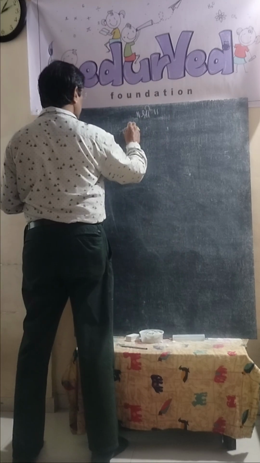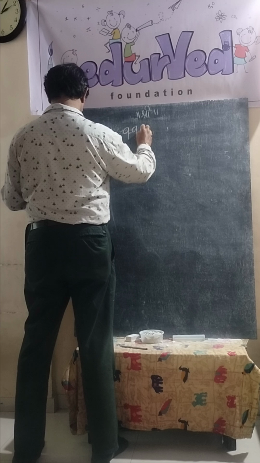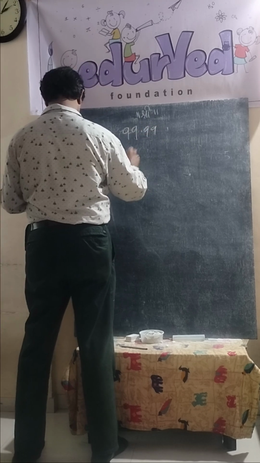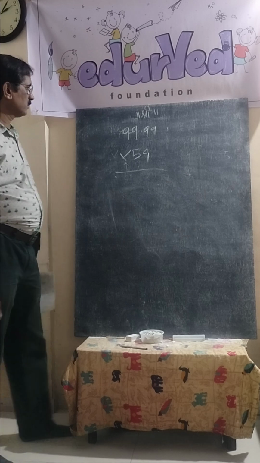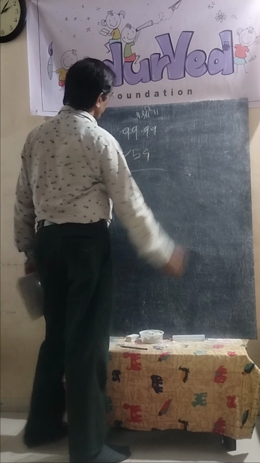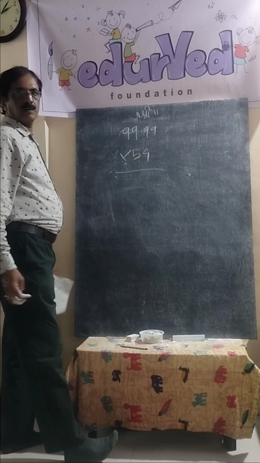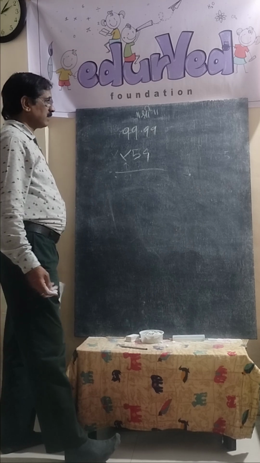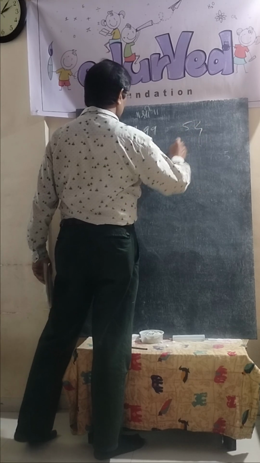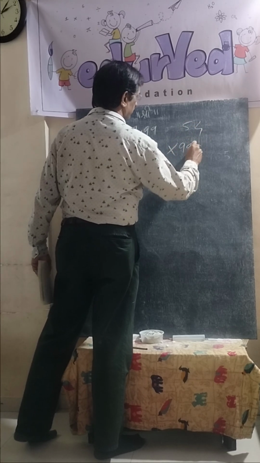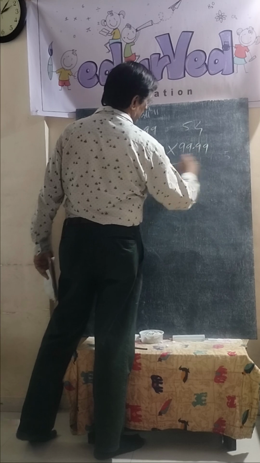Let's see one more. 1.99 into 54. Now for this sum, this doesn't fit in our category, but if you do it in reverse, you can do that sum. That was a trick in the sum.